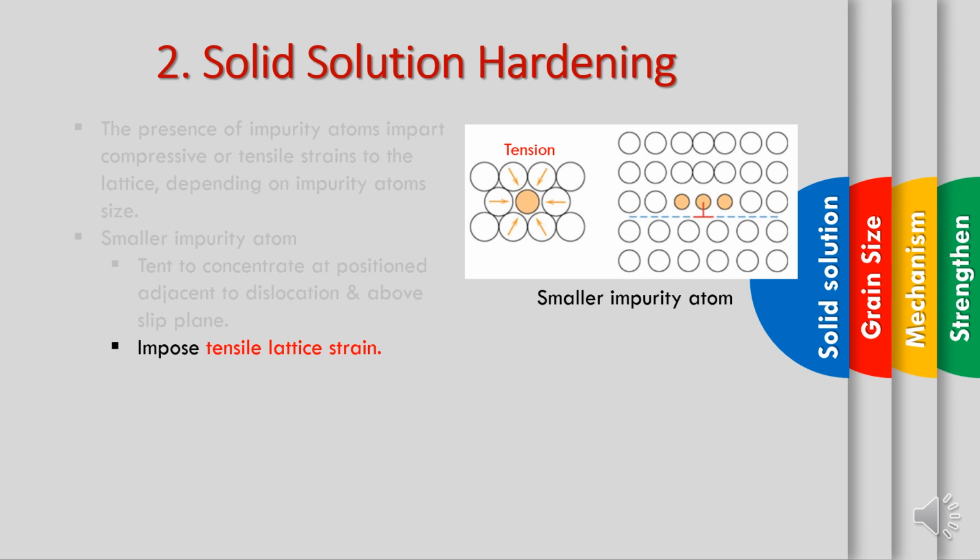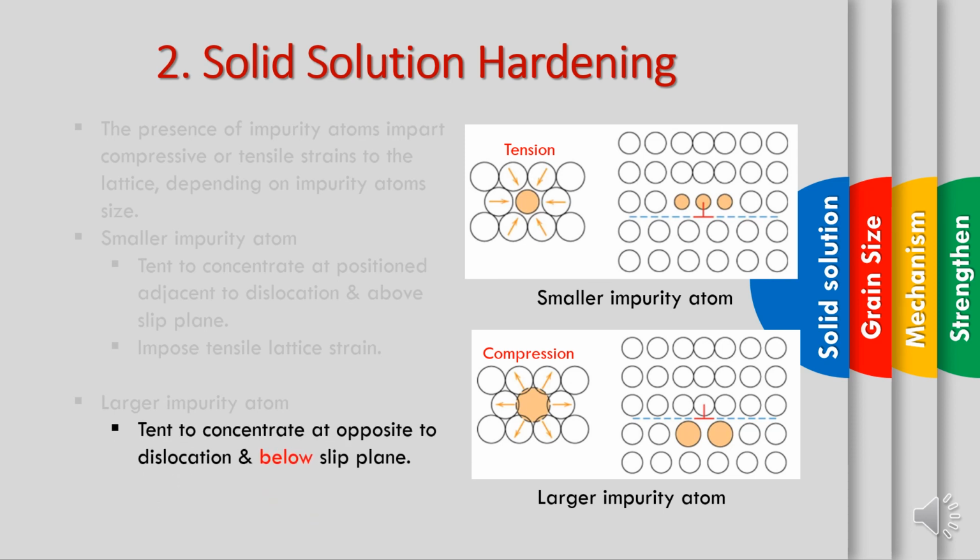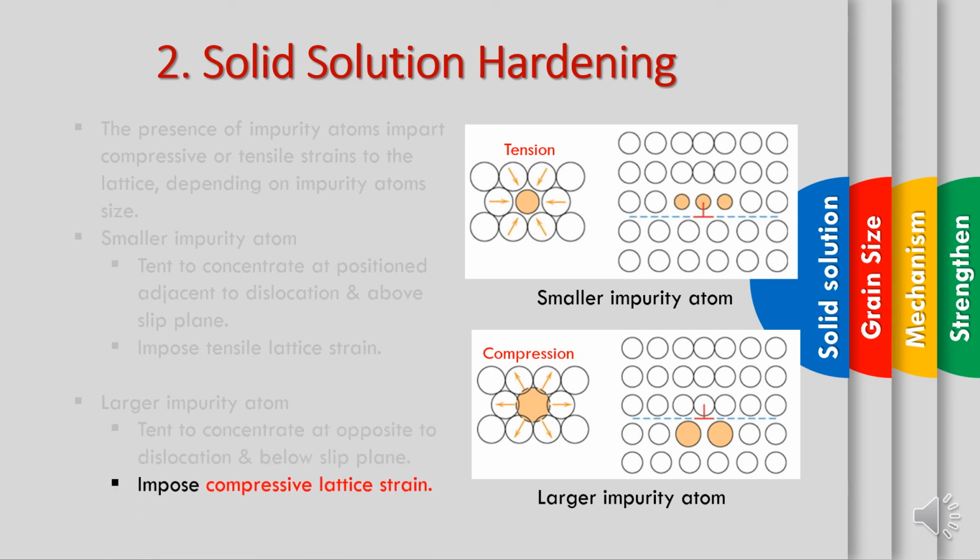So it will produce a tensile lattice strain. Meanwhile, a larger impurity atom will tend to concentrate opposite to the dislocation and below the slip plane, at this area, and it will act as a compressive lattice strain.